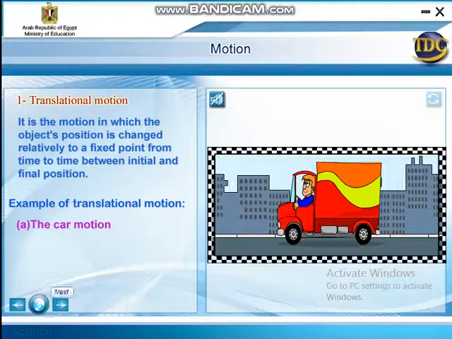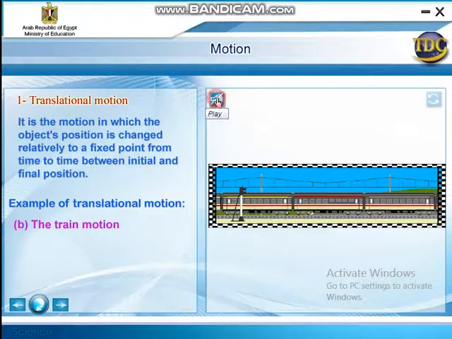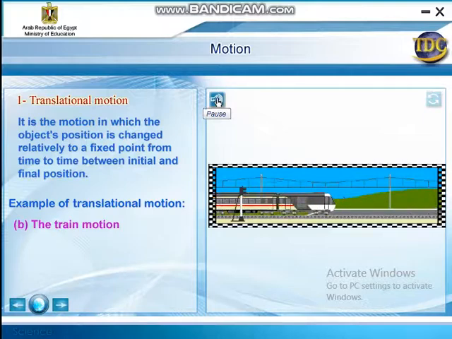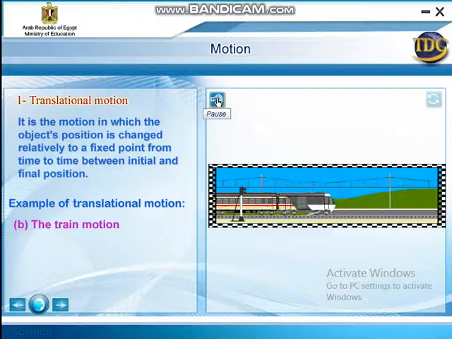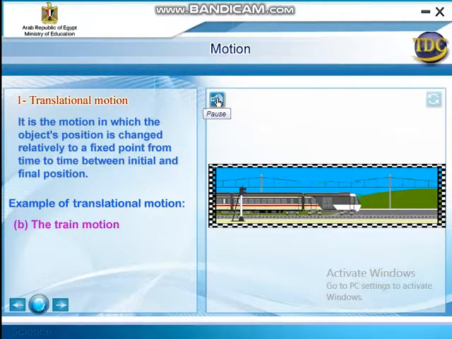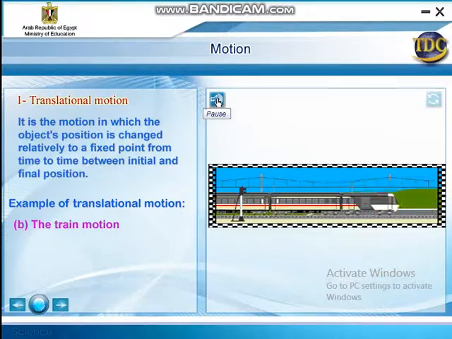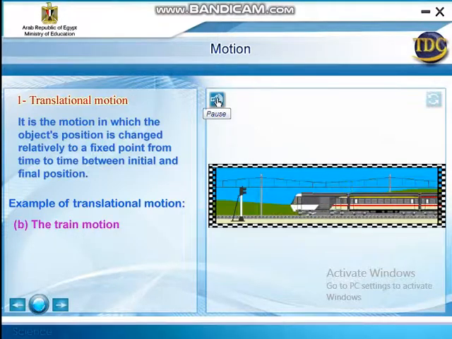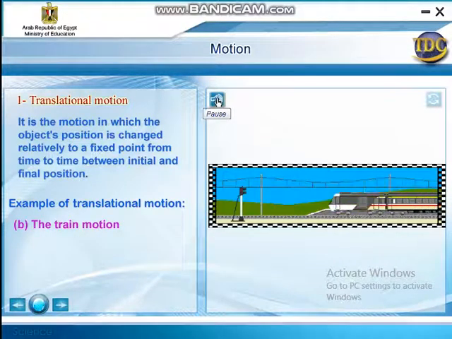Another example, train motion. The train has initial position and final position. Other examples are person motion, bicycle motion, and fan motion.